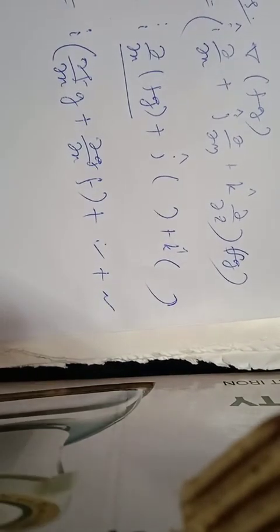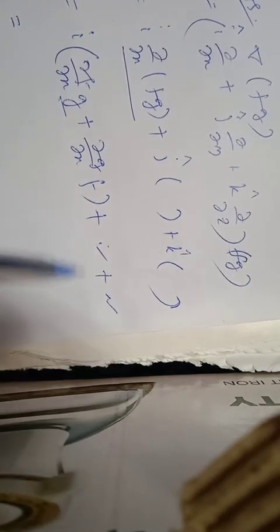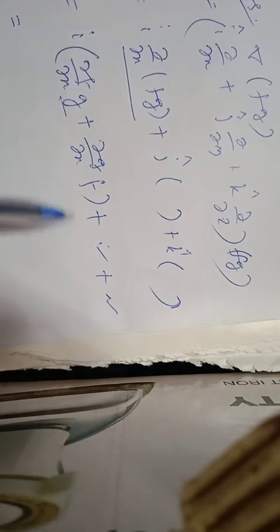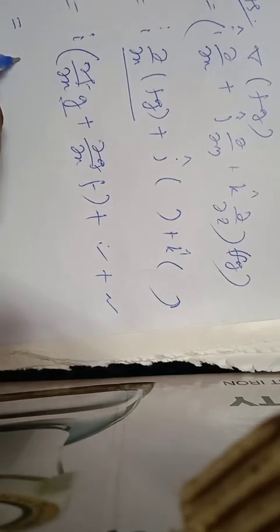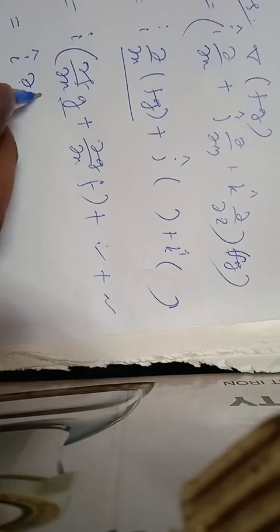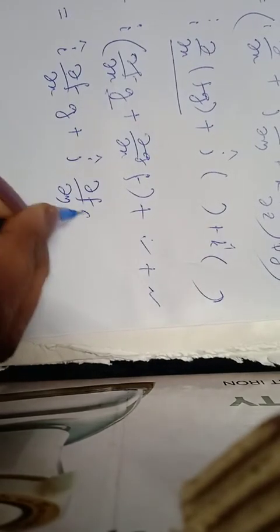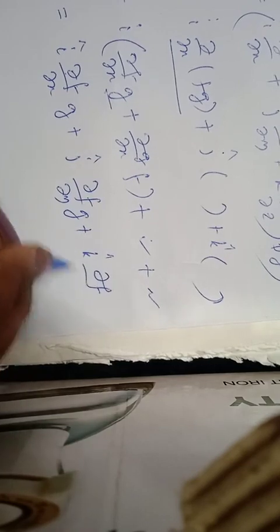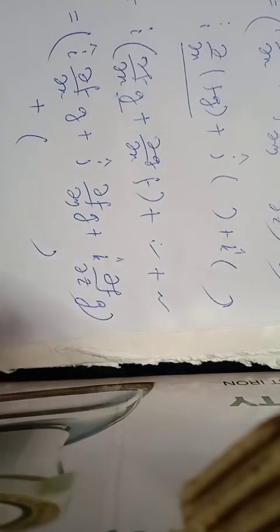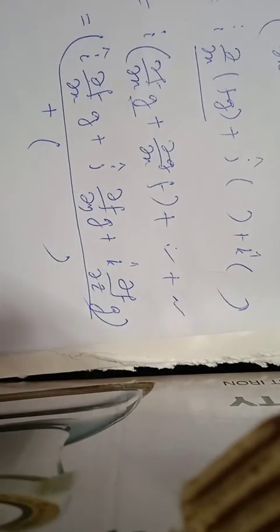Now if you consider all the first terms of the three brackets, what will you get? You will get i cap del f/del x g plus j cap del f/del y g plus k cap del f/del z g. Similarly, this is for the first term of each bracket, and you will get a few terms from the second terms of each bracket. Now check this one. You can take g common from here.